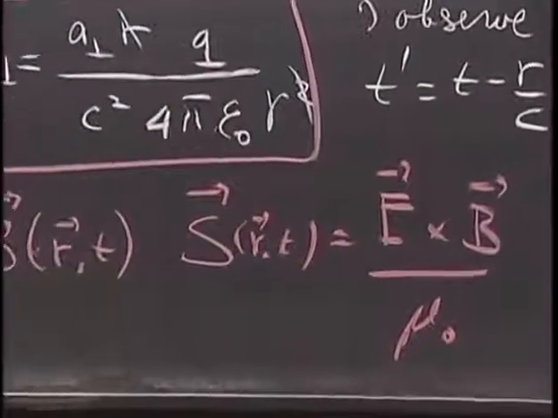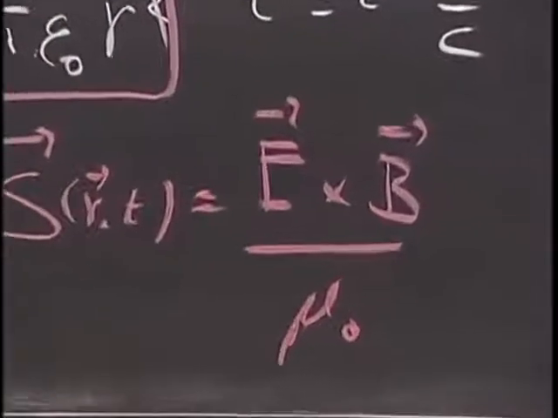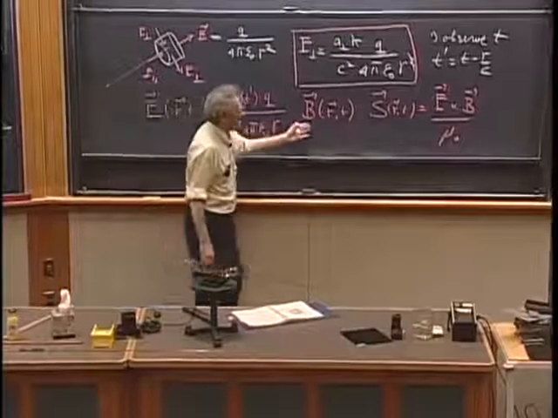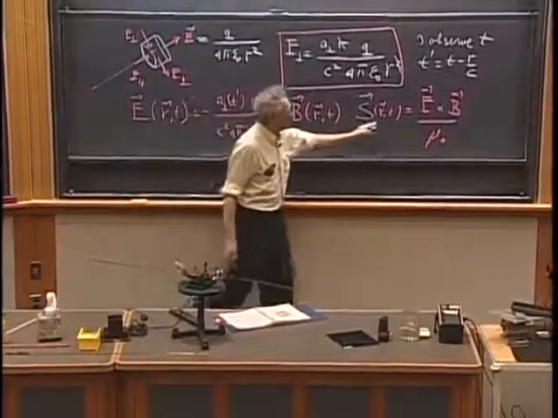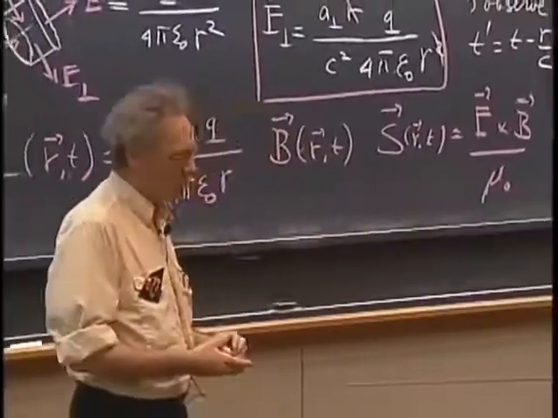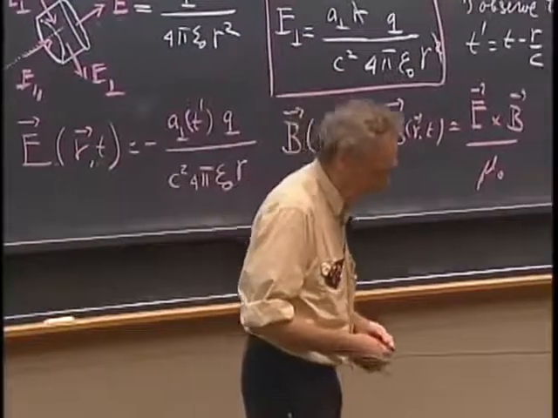And there you have the entire set that tells me what the electric field is due to an acceleration, what the magnetic field is due to an acceleration, and now what the Poynting vector is, how many joules per second per square meter flow out.